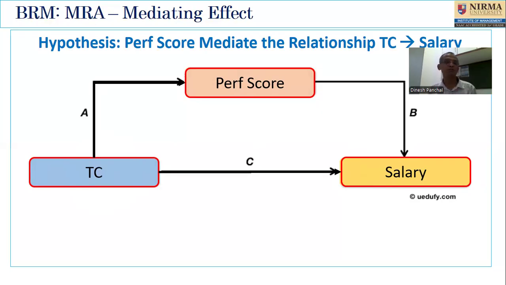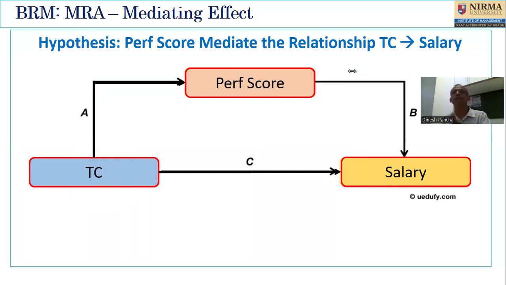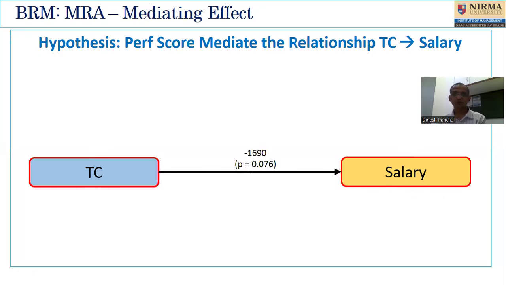Somebody can argue that technical competency leads to a better performance score, and that better performance score leads to a higher salary. So in this case, the performance score becomes a mediating variable. This shows the direct effect: in the TC and salary regression, the P value is 0.076, not less than 0.05. That means it's not directly impacting.